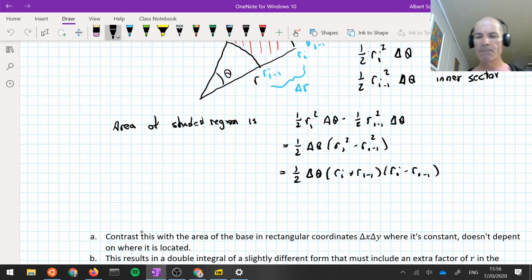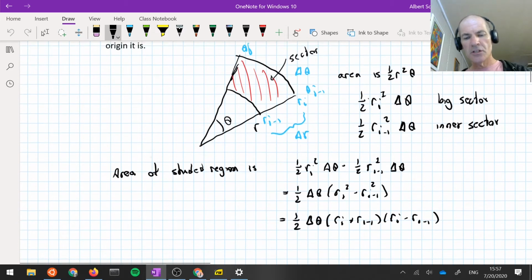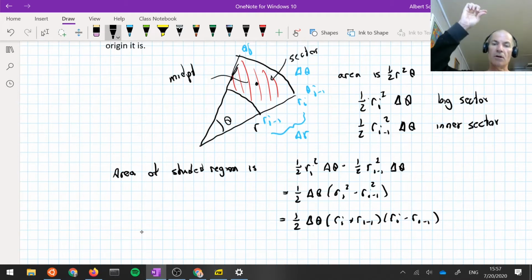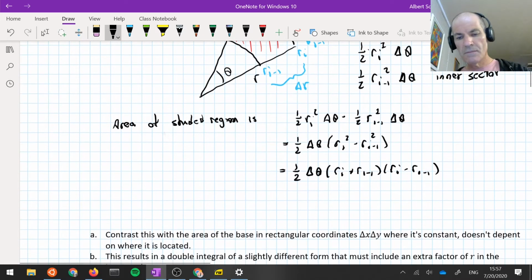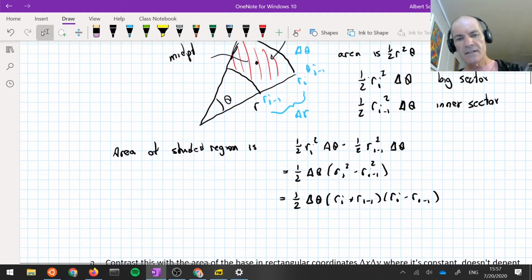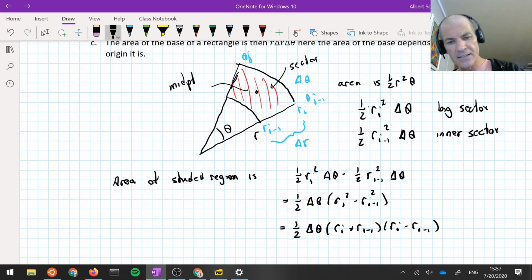Now, if we agree that we're going to evaluate the function at the midpoint, so we use the midpoint rule here to figure out how tall the column is above this wedge, then that's exactly r sub i plus r sub i minus 1 over 2. That's exactly right here.